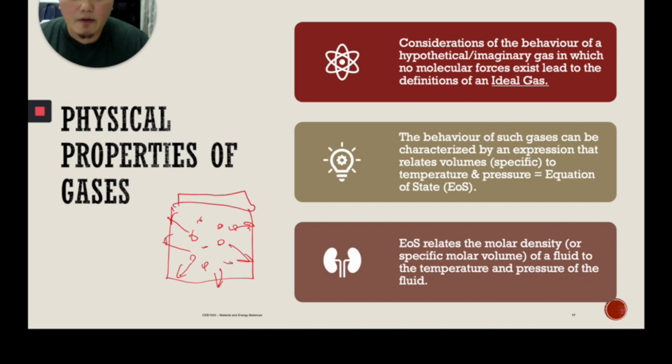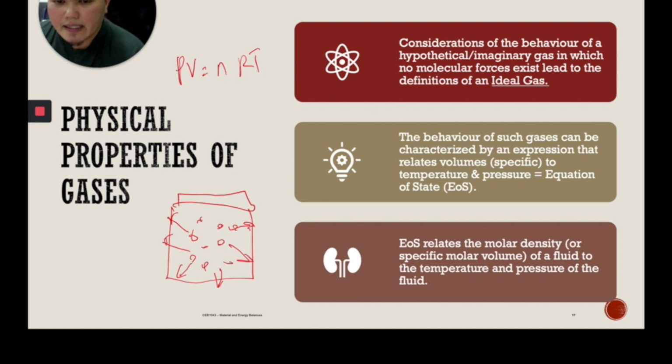The behavior of such gases can be characterized by an expression that relates volume to temperature and pressure, which we call an equation of state. So this is where we have PV equals nRT.